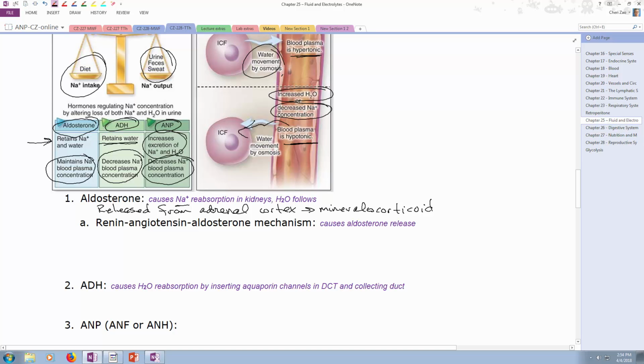Aldosterone is part of a very important mechanism called the renin-angiotensin-aldosterone mechanism that will bring about aldosterone release.